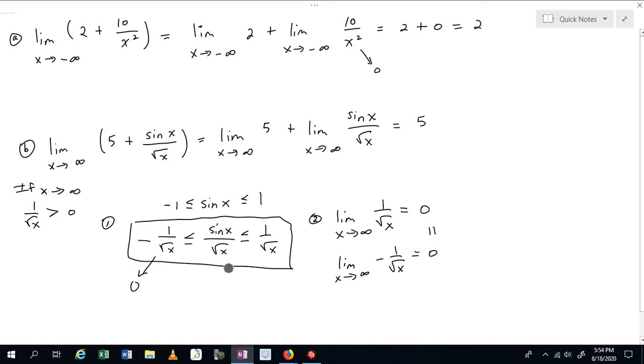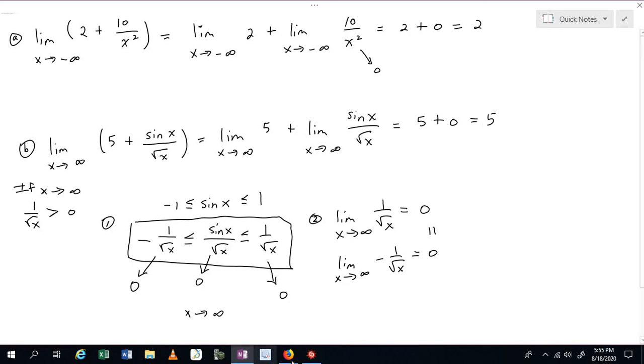So if this is heading towards 0 and this is heading towards 0, as x heads towards infinity, since this function is trapped between those two functions, this would have to head towards 0. So by the squeeze theorem, we know this limit would be 0. And so overall, this limit would be 5.